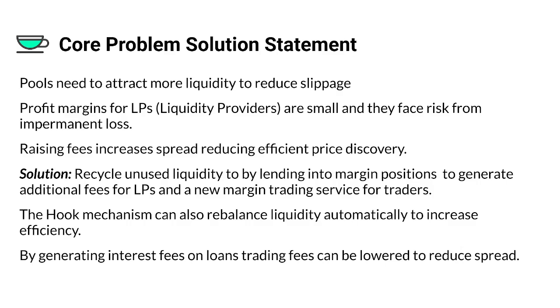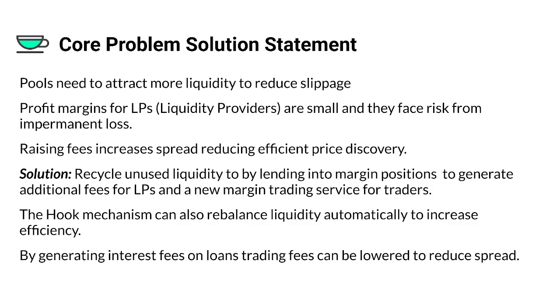The solution that Oolong uses is that we recycle the unused liquidity by lending it into margin positions, and then we generate fees through the interest on the lent collateral.